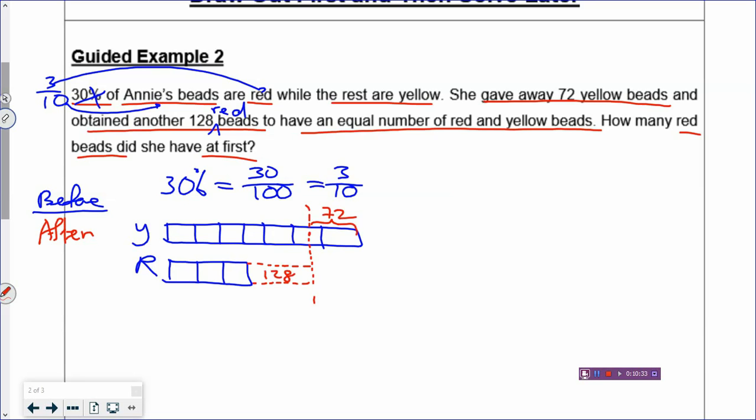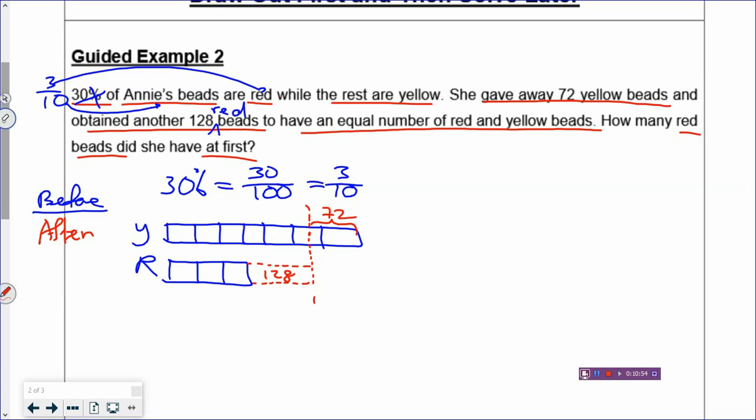Now you can see that she has equal number of red and yellow, right? So where is the red now? The red will be until the dotted line, and the yellow will now be until the dotted line as well, right? And that's how you get equal number of red and yellow. So dotted lines is used to represent equal, right? Equal concept.